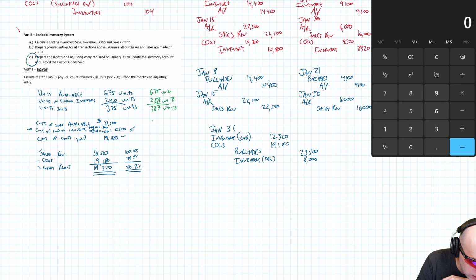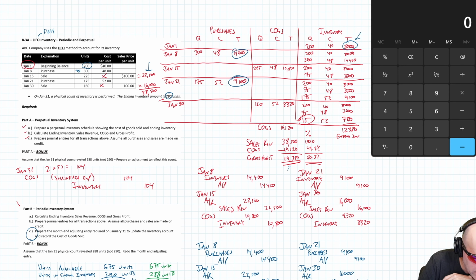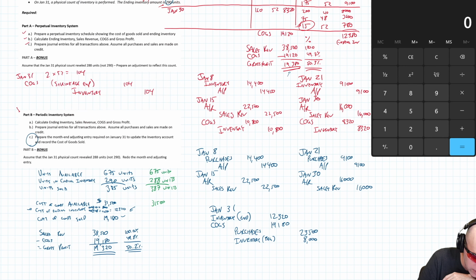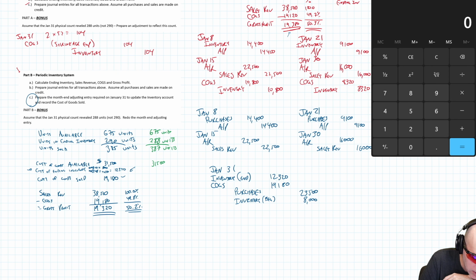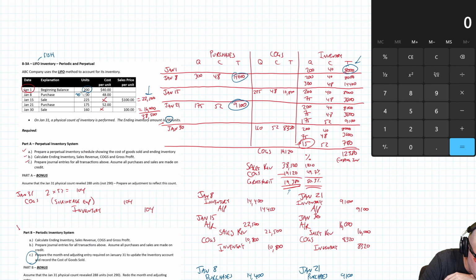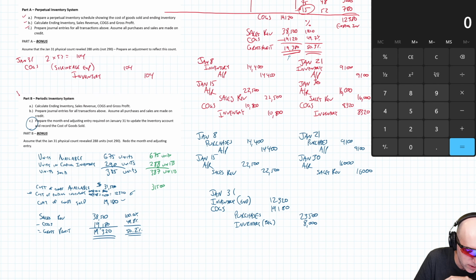Cost of goods available, that's just the same, 31,500. Cost of ending inventory. Well, heading back up here, first in, still here, and we're saying we have 288 units still here. So I have 200 units of these $40 units, and I have 88 of the $48 units.